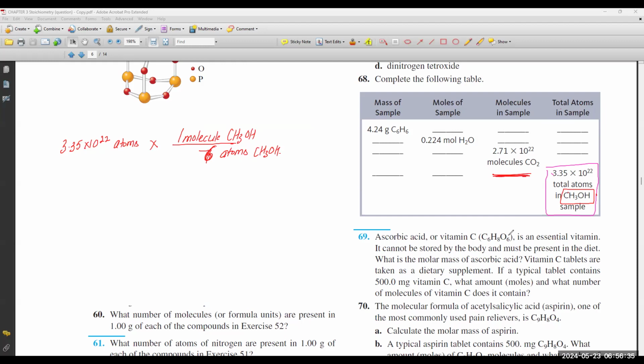And the answer will have only 3 significant figures. After getting this answer, I want to know the moles. What should I plug in? Get this answer, children. And then I have to plug in the other ratio to know the moles.